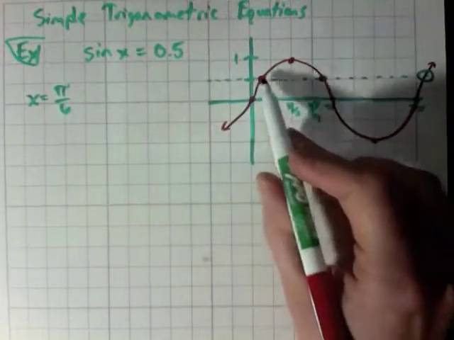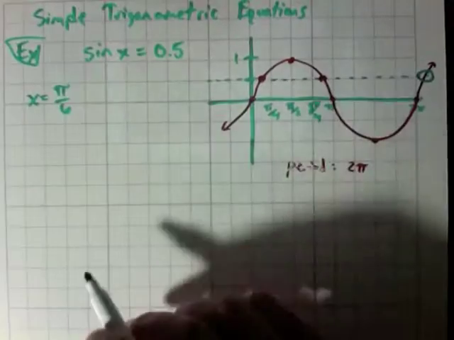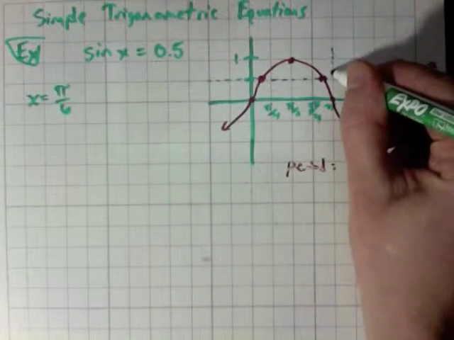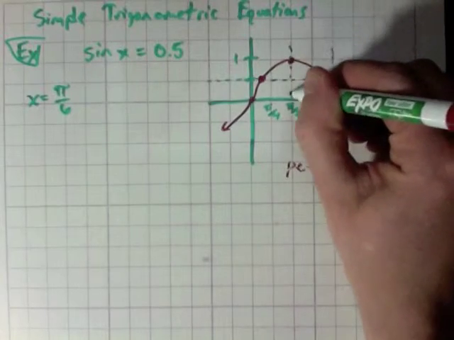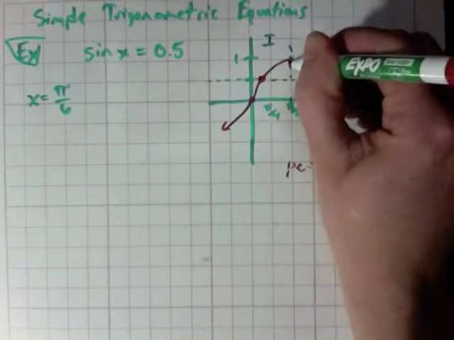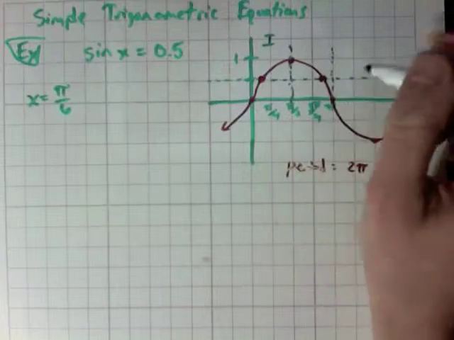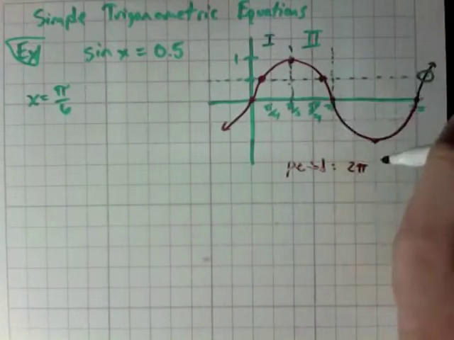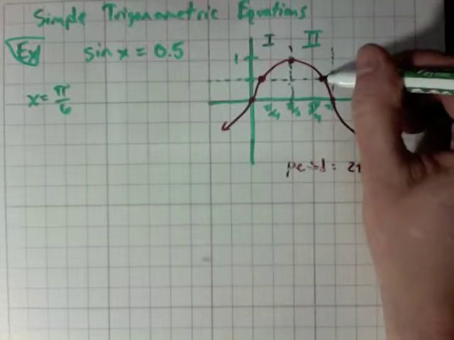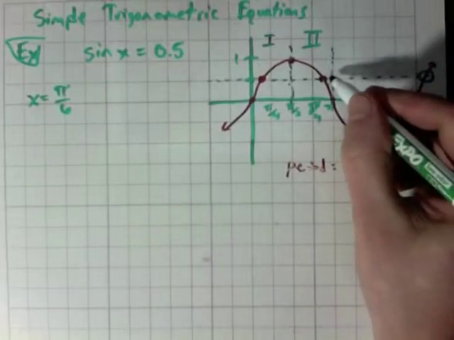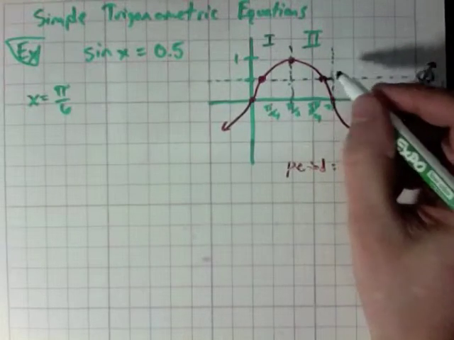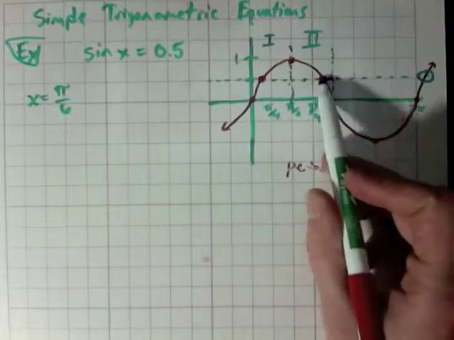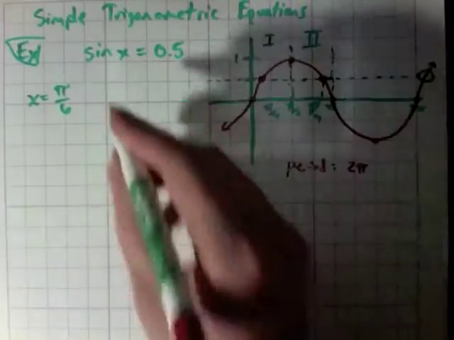The other time that sine is going to be at 0.5 is over here, in my second quadrant. My first quadrant occurs between 0 and pi over 2, and my second quadrant occurs between pi over 2 and pi. The reference angle is still pi over 6, but this remaining angle is going to be pi minus pi over 6.